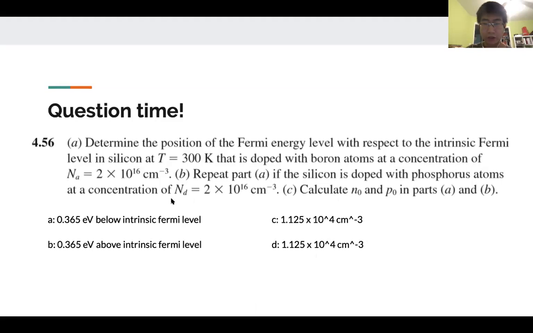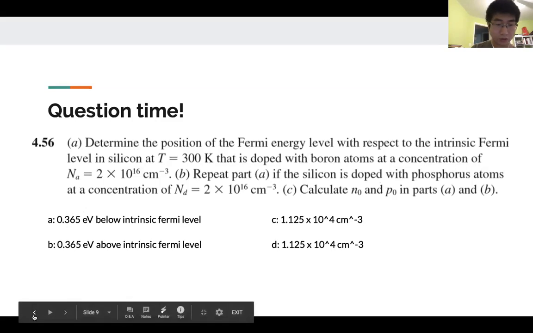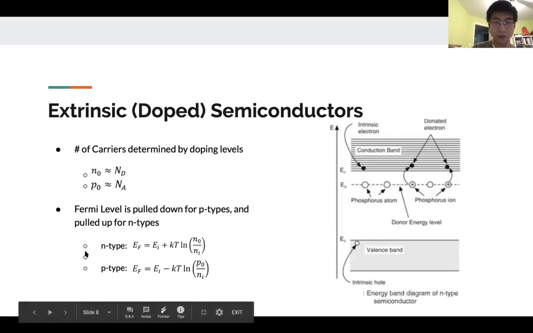Then NA in part C is the same thing as P naught, and N naught is the same thing that I show here for C. You basically use the N naught P naught product to get that, the fact that N naught times P naught is equal to Ni squared. And then for A and B, you use the equations here to get the answer.